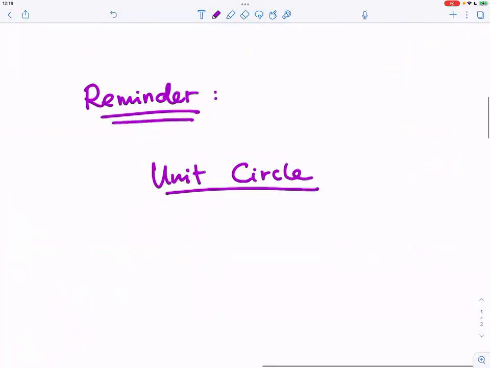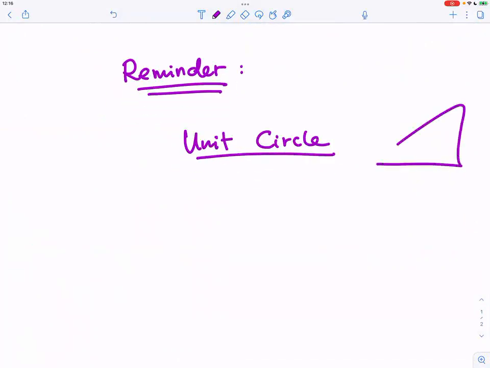For the unit circle, what's so unique about the unit circle again? The radius is 1, right? And the radius happens to be the hypotenuse. So hypotenuse is 1, and this is our theta. So opposite side is our y, and adjacent side is our x.